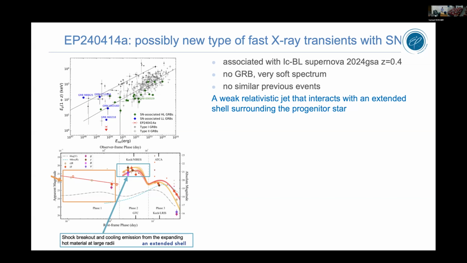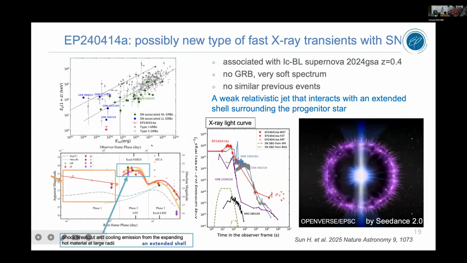And we propose that this is the shock cooling emission from the expanding, extended shell. Combining the X-ray and the multi-wavelength observations, we think the brightness of the X-ray is similar to the low luminosity GRBs and much brighter than the classic supernova breakout.